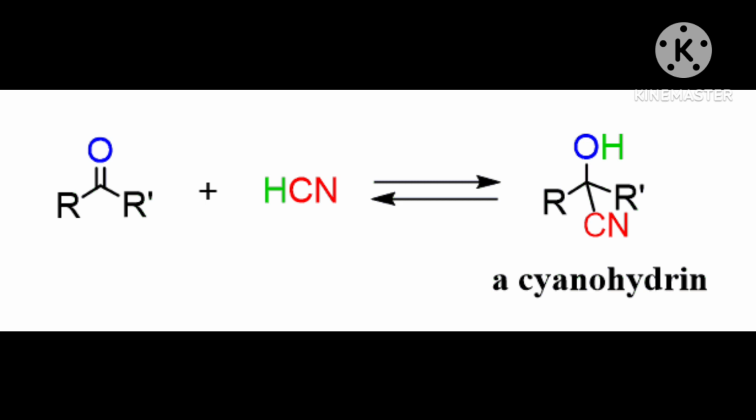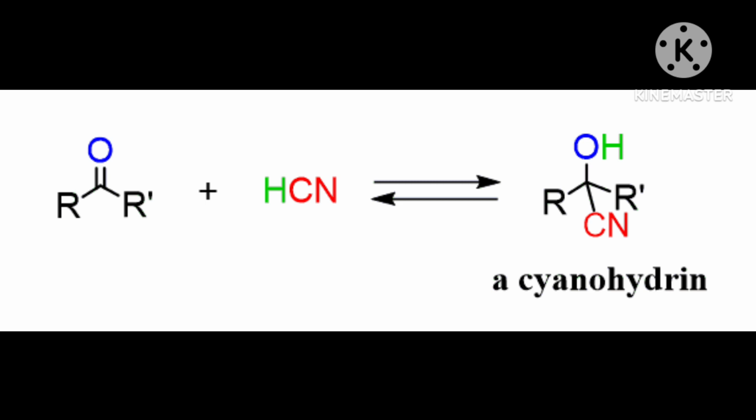The position of the equilibrium lies largely to the right-hand side for most aldehydes and to the left for most ketones due to steric reasons. That is an important point: this reversible reaction forms the intermediate, and the carbonyl compound may be either an aldehyde or a ketone.